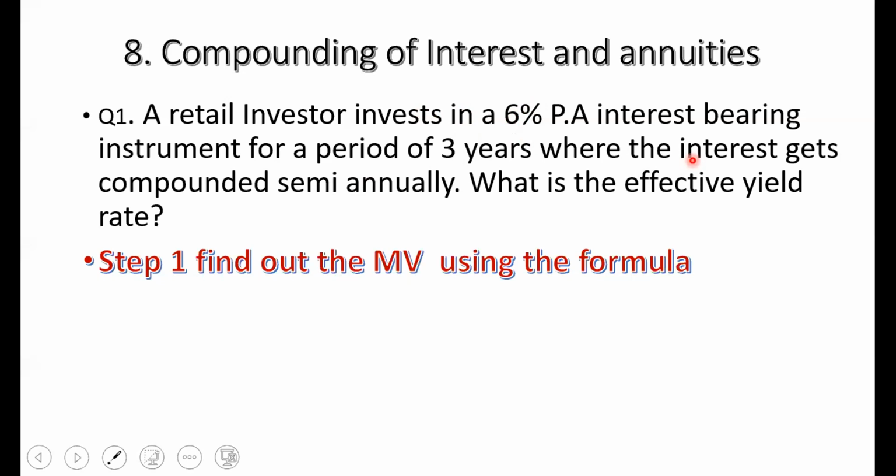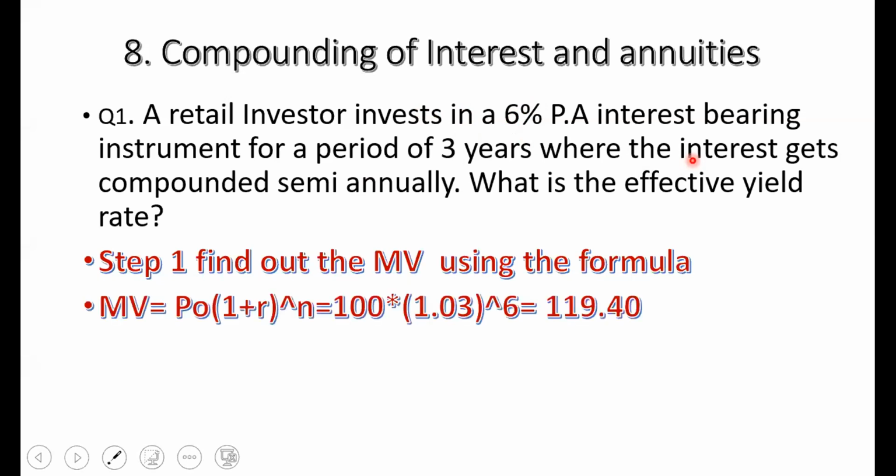This formula we already know. PN is equal to the principal original value into (1 plus R) to the power N. That is the simple formula we discussed in our treasury. So assume he is investing only 100 rupees. So 100 into 1.03.